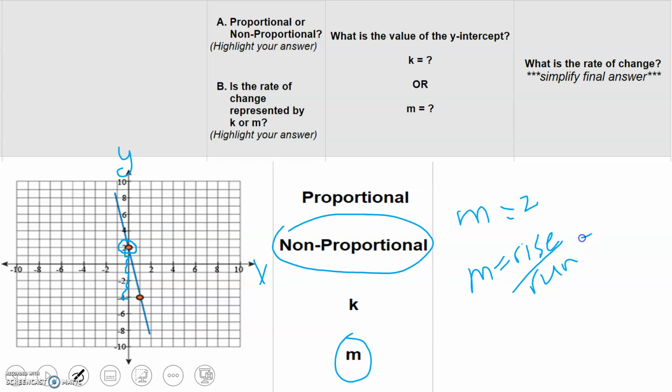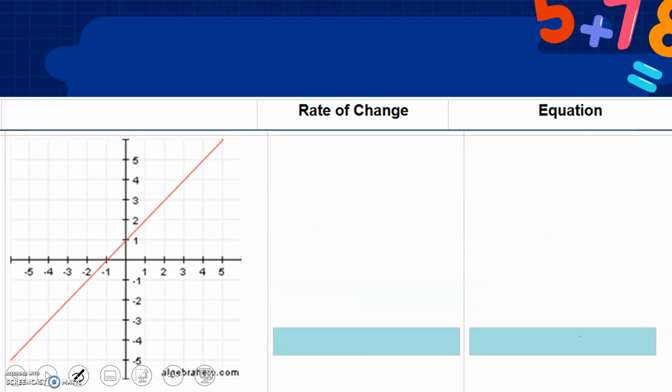So my rise is 6, and my run is me going over to my x's. Okay, there we go. So start here. 1. So my slope is 6. Let's go ahead and continue.